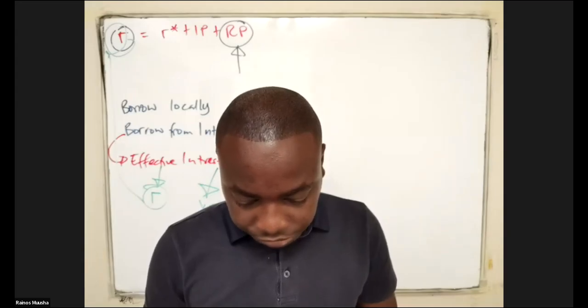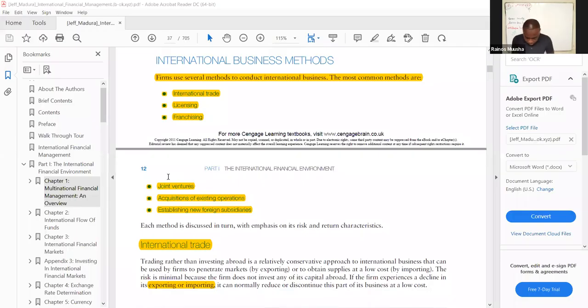All right, can we continue? On the next section, we look at international business methods. Under that, they say firms use several methods to conduct international business.